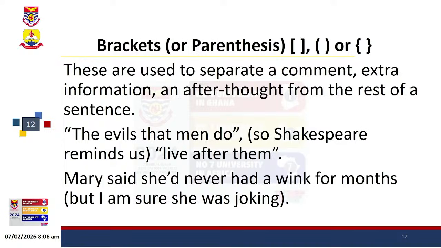Mary said she had never had a wink for months. As part of afterthoughts, we are commenting that we are not sure she was joking, or we are sure she was joking. So what is in brackets is just a comment or commentary on the sentence, and we need to separate it appropriately.